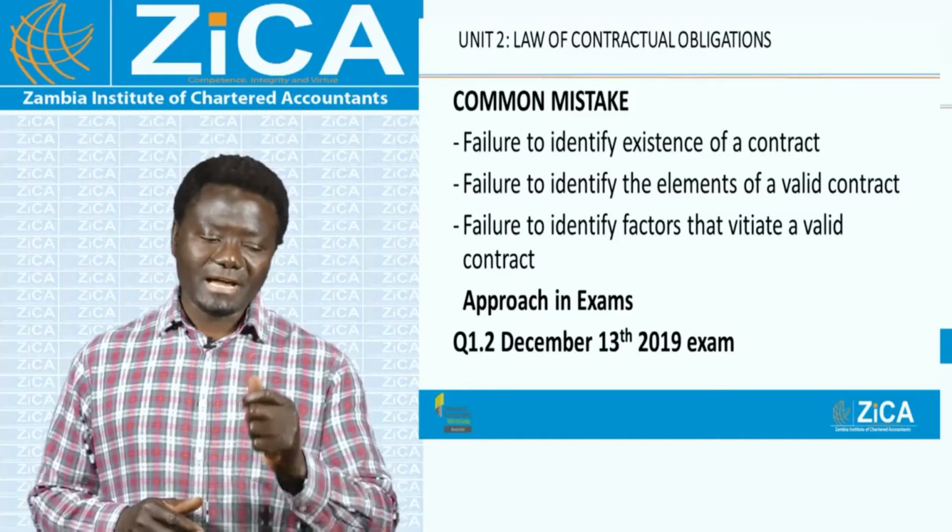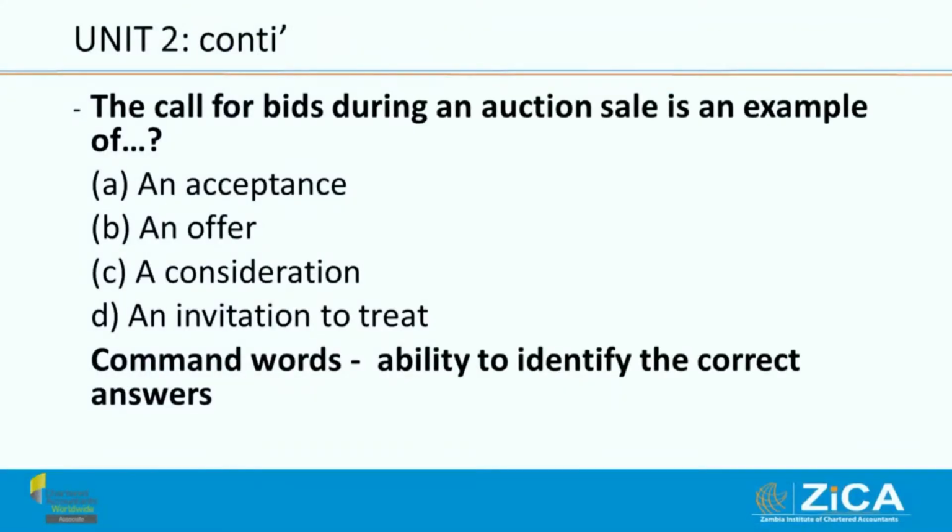It is either that a bid in an auction is an acceptance that you make or an offer. But remember that you are the one to do what? To accept. So that acceptance can only come from you, but a bid is not coming from you. The bid is coming from the one who is actually selling.